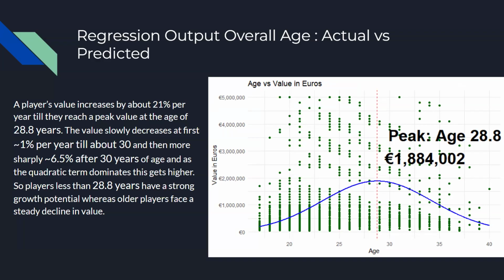That is up till 25 years of age, where it starts slowing down and then it peaks at 29 years of age. After that, there's a steady decline of 1% till about 32 years. And after 30 years, there's a 6.5% decrease as their age increases.